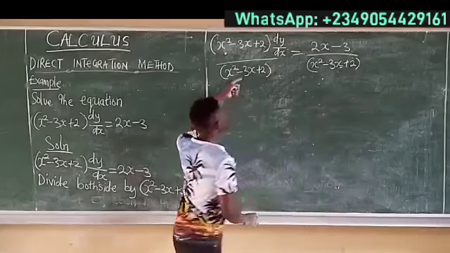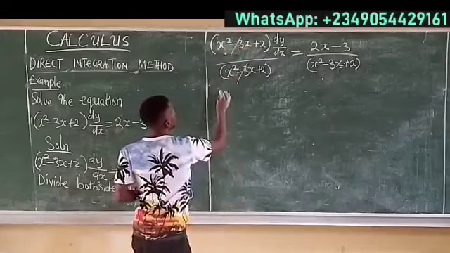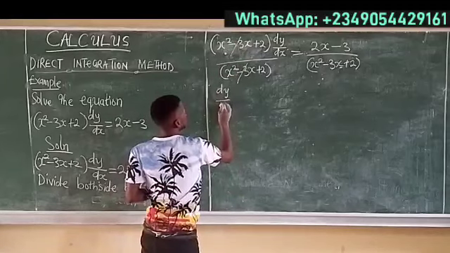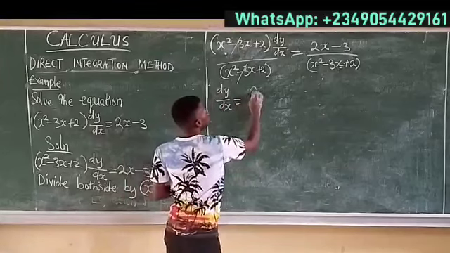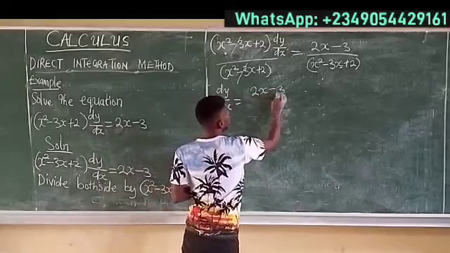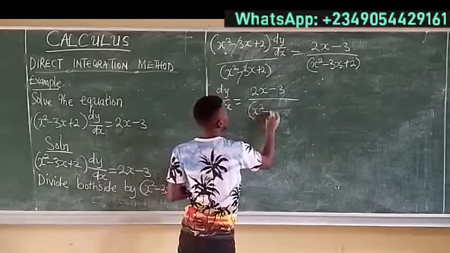This one is going to cancel out this one, then we'll be left with dy over dx, which is equal to 2x minus 3 over x squared minus 3x plus 2.